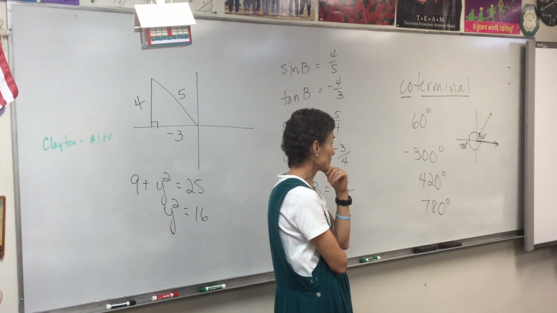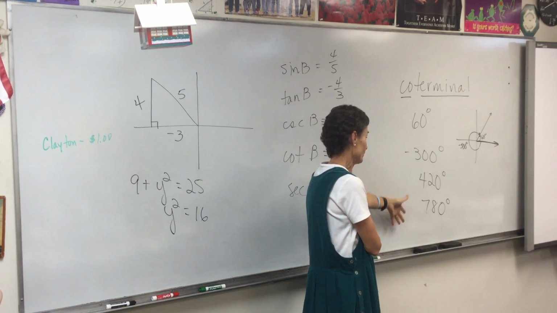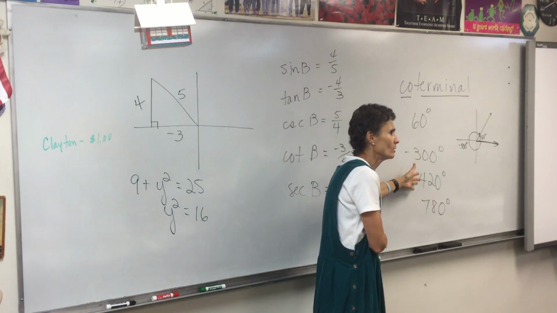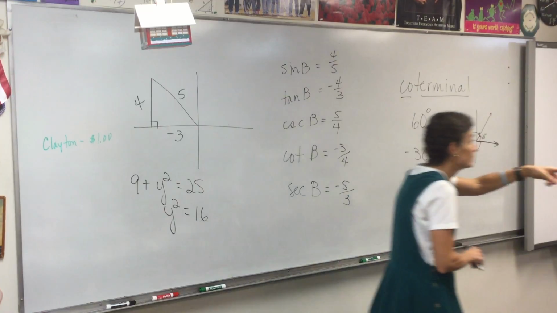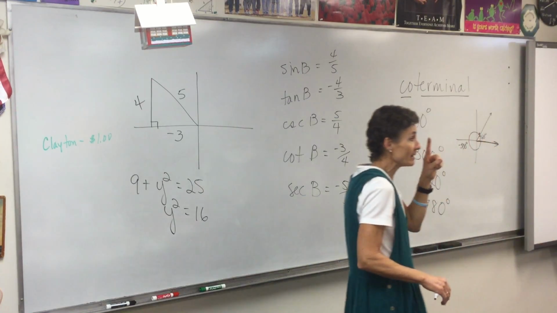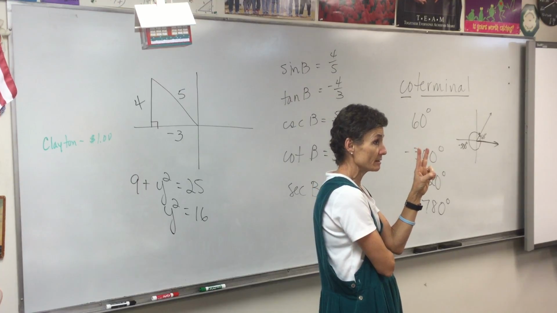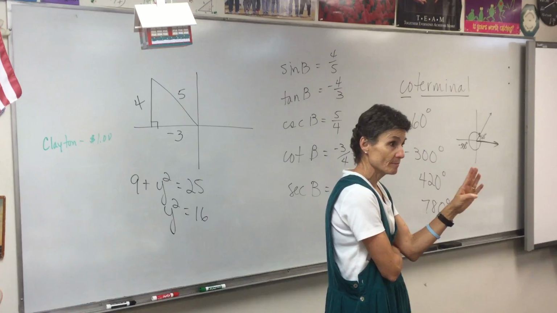Coterminal angles. So, I did that problem for you. Your job was to name one of those, and I named 3 of them. How did I get these numbers? What did I do in my head? What math was I doing? I added 360, and I subtracted 360. And I could keep doing that.